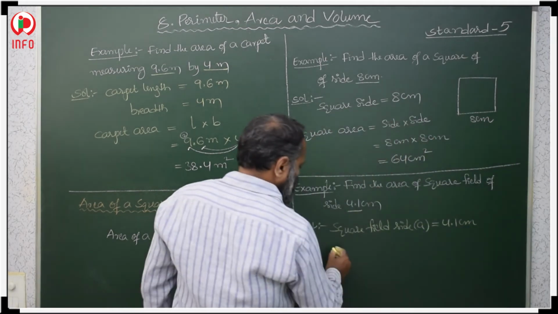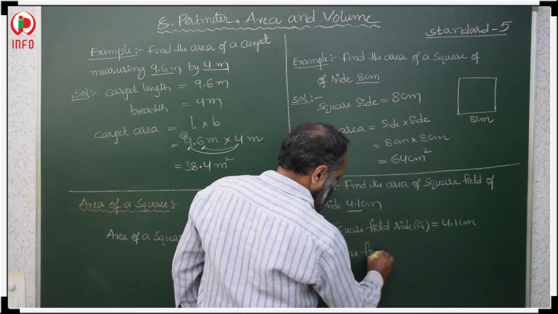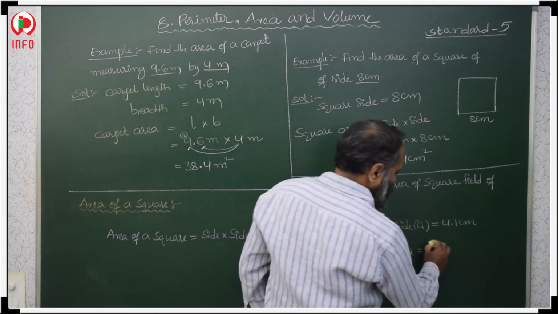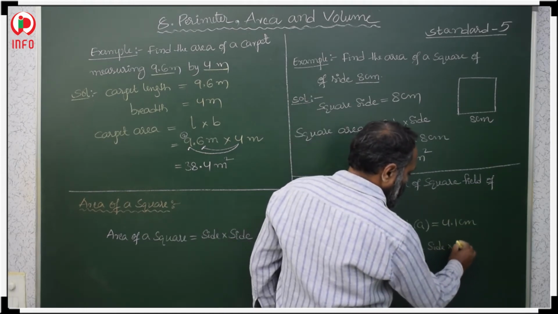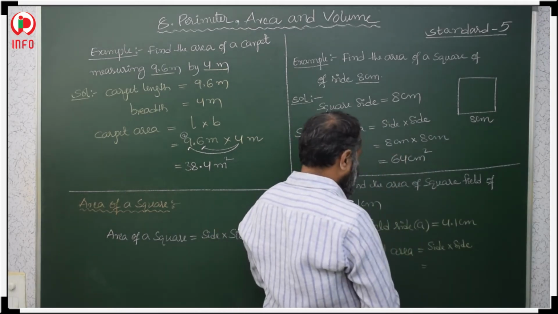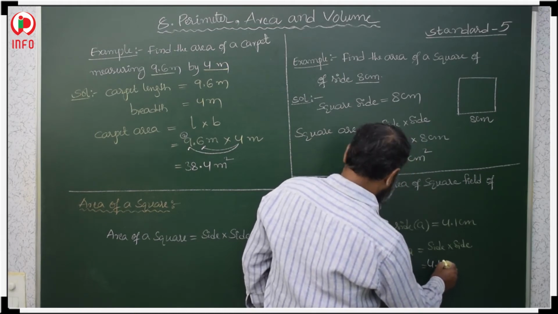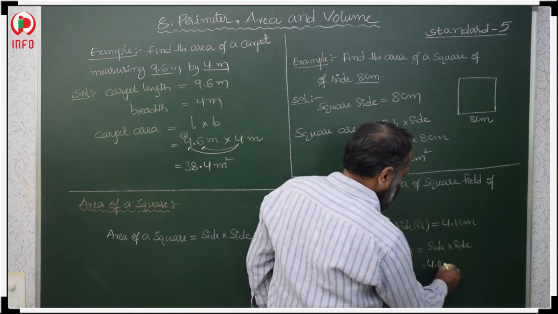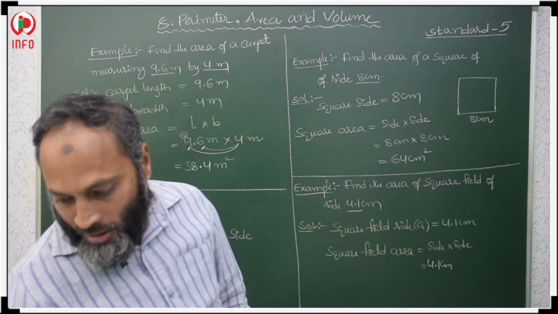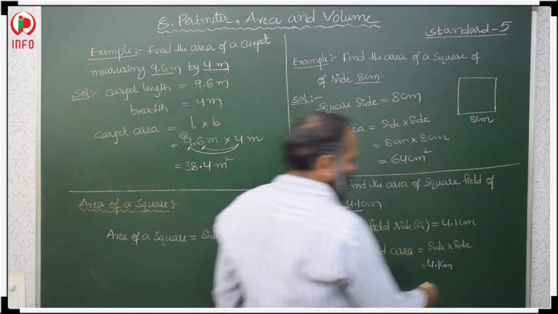Then square field area is equal to side with side. Side into side. What is the side here? 4.1 centimeters. This is not centimeters, I think this is in meters. But centimeters are given for the square field. Centimeters only are given, so take centimeters.